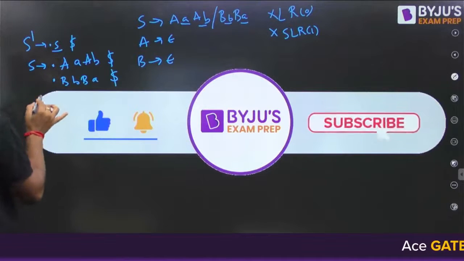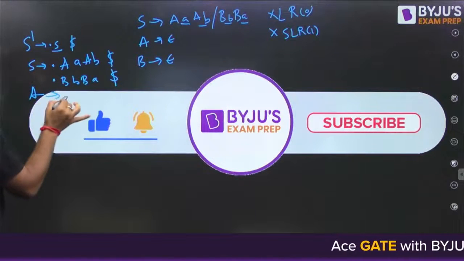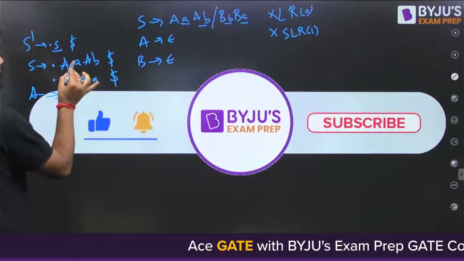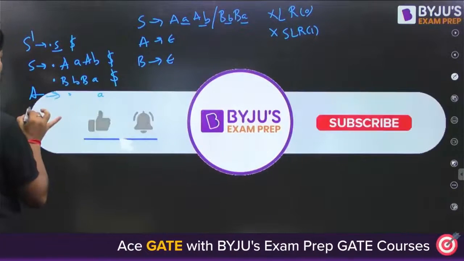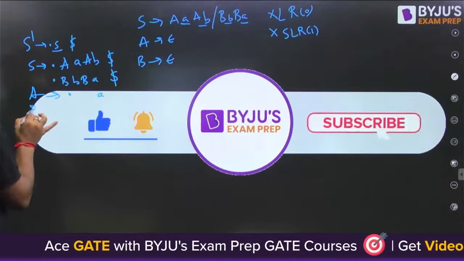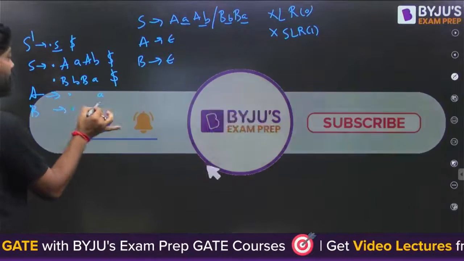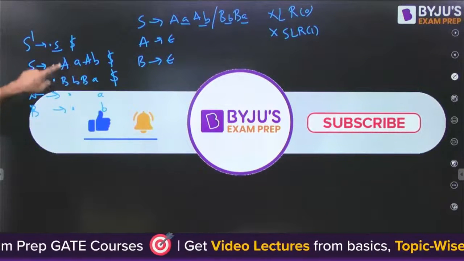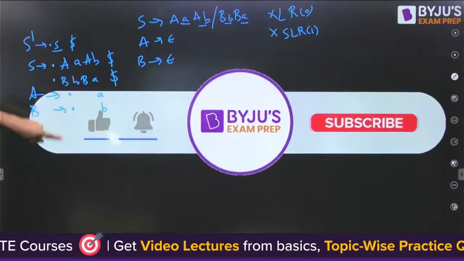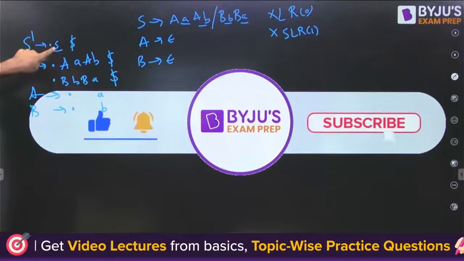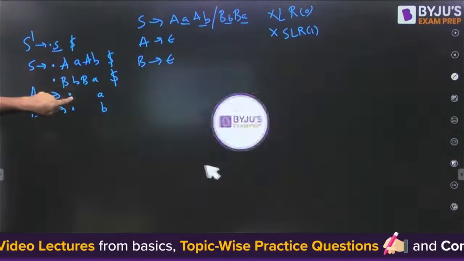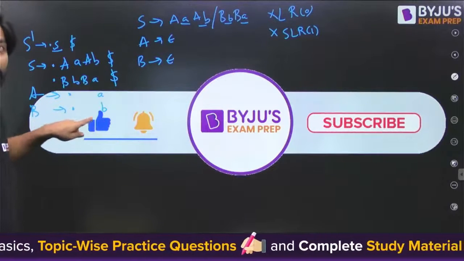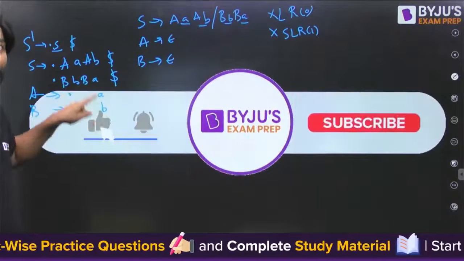Now A goes to null means A goes to dot, and B goes to dot. So on the very first state, this is a state item, this is a reduction on A, and this is a reduction on B. So no problem here as of now.